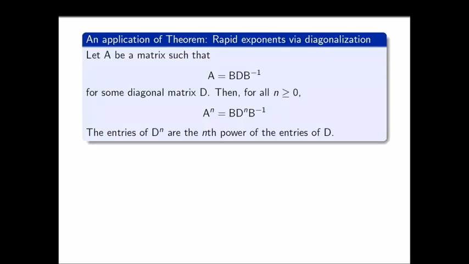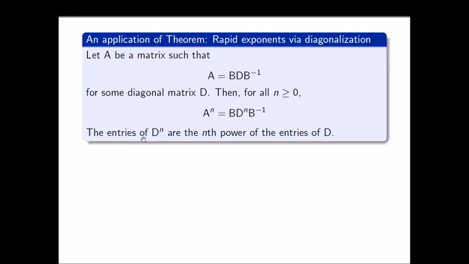Okay, so let's move to an application of the diagonalization theorem. This application allows us to compute exponents of a matrix A rather quickly. So if A is a matrix such that its diagonalization is given as B D B inverse for some diagonal matrix D, then for all powers n, A to the n is nothing but B times D to the n times B to the minus 1.